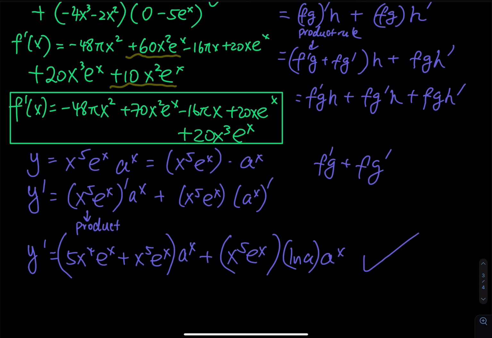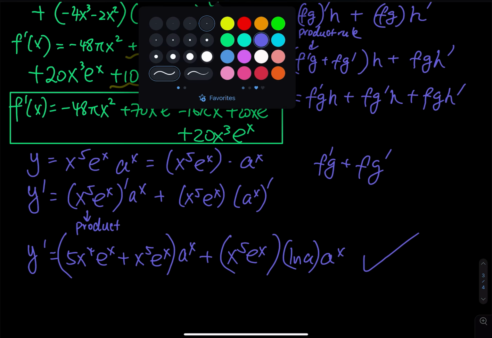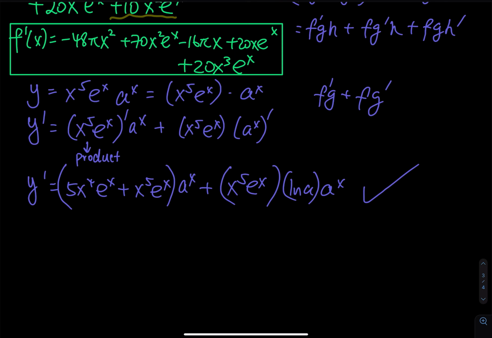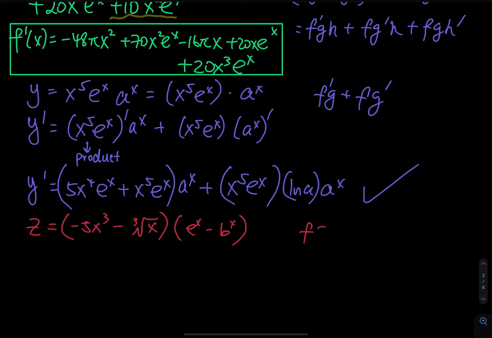Okay, and then we still have a red problem. So for the red problem, we follow the color code. Don't rewind the video, I will copy the problem for you. So we have z equals parenthesis negative 5x to the third minus the cube root of x, and then multiply e to the x minus b to the x, and then the product rule f prime g plus f g prime.